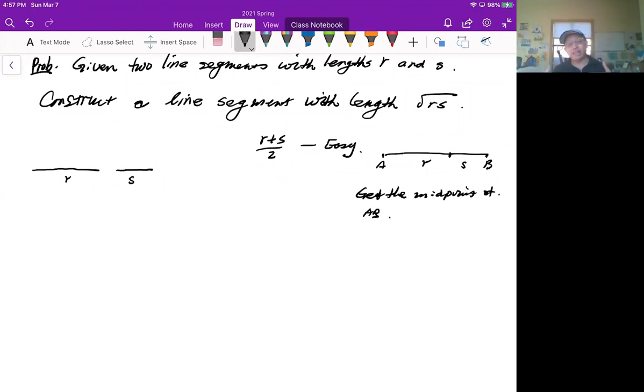You have the length of R plus S, and then just get a midpoint. That should be okay. And now for the geometric mean, how do I get the square root of RS? This is tricky.